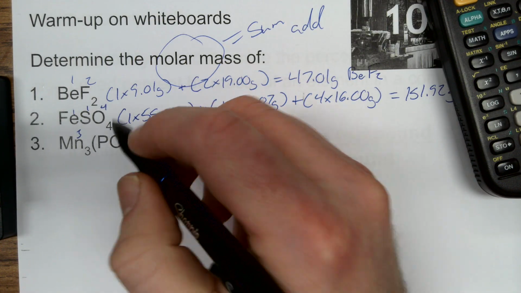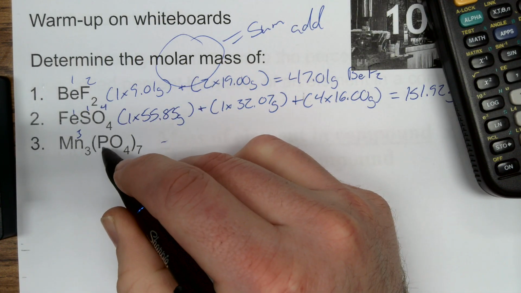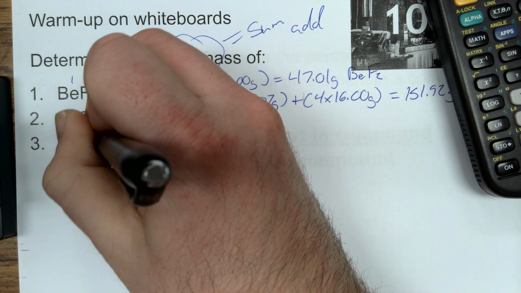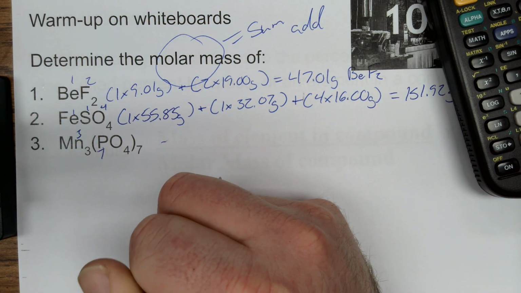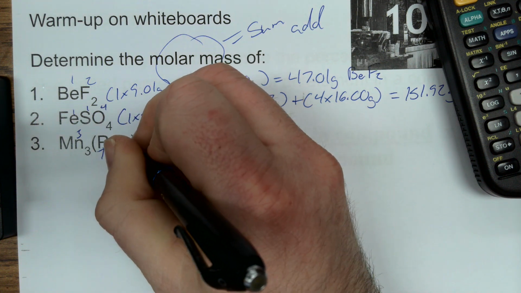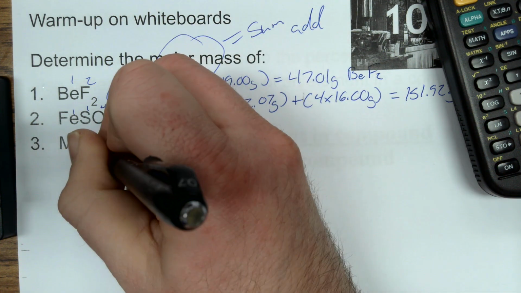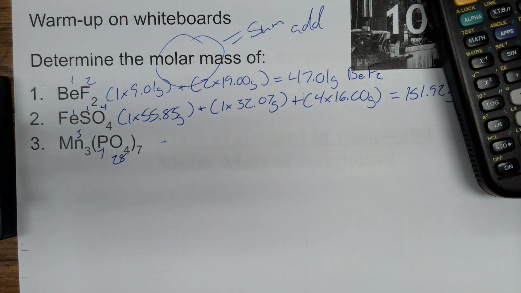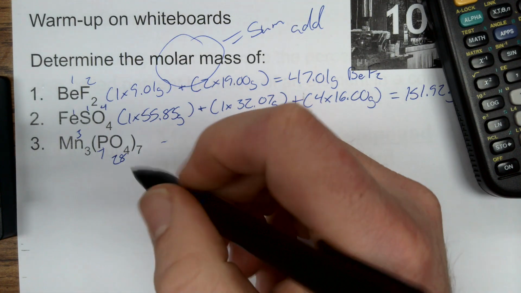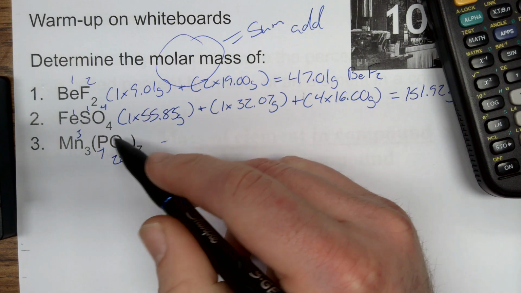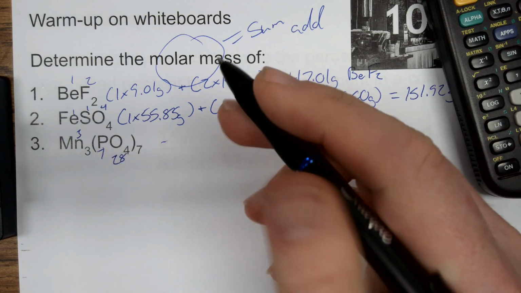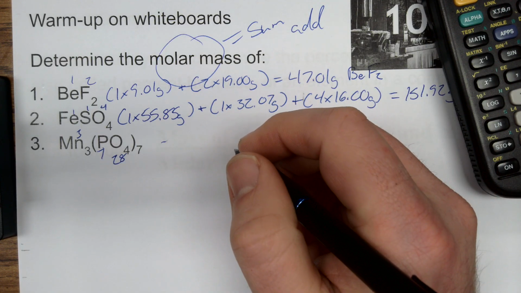I have 7 phosphates. 7 times 1 phosphorus equals 7 phosphorus I have to account for. 7 times 4 oxygens gives me 28 oxygens. Be careful with that parentheses outside. It's going to affect all the numbers on the inside of my parentheses like we're doing an algebraic equation.